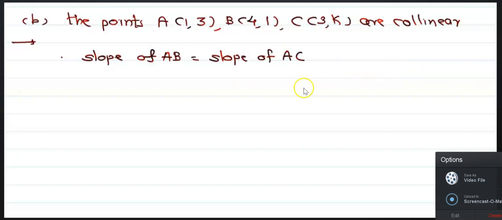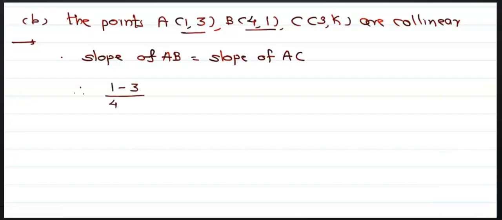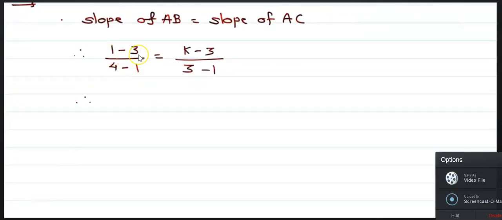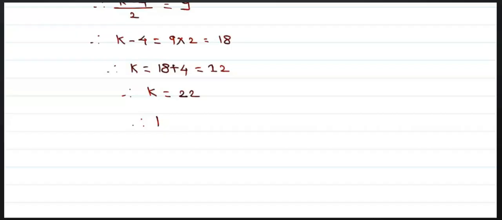Find the value of k. Now, see this here. Slope of AB is equal to slope of AC. We substituted the values: 1 minus 3 upon 4 minus 1. Again, you can see this.